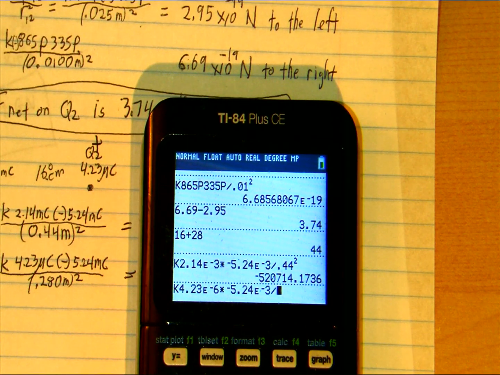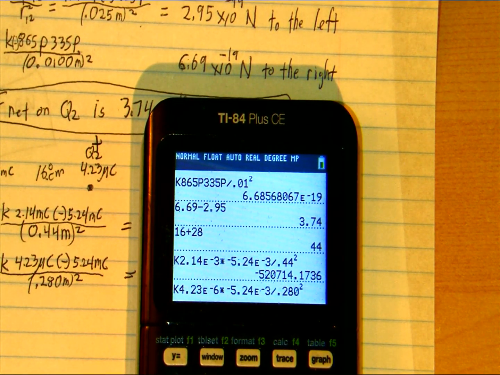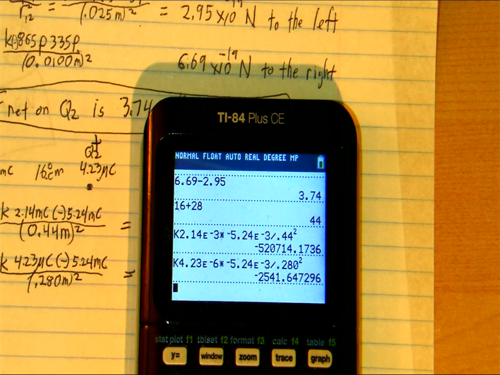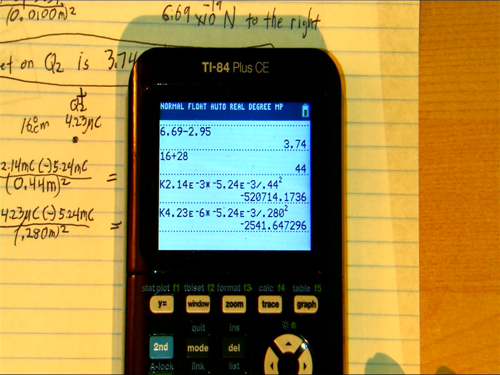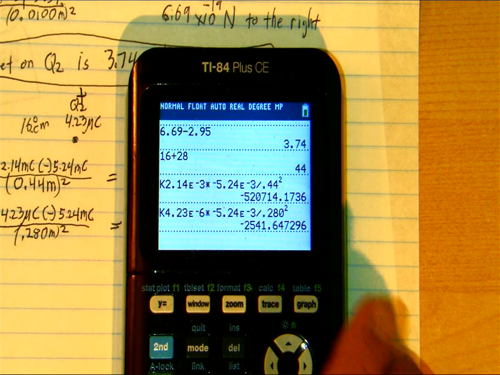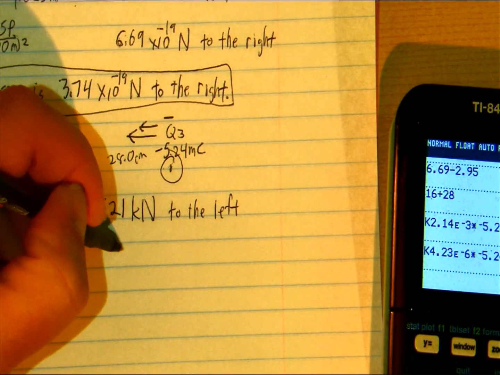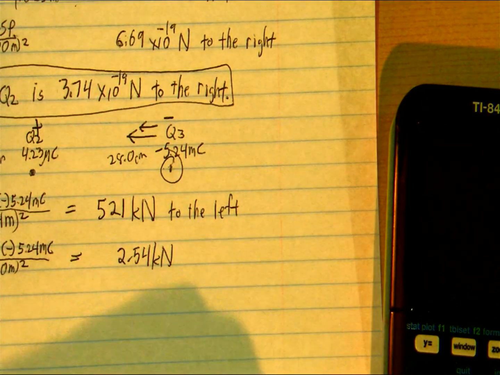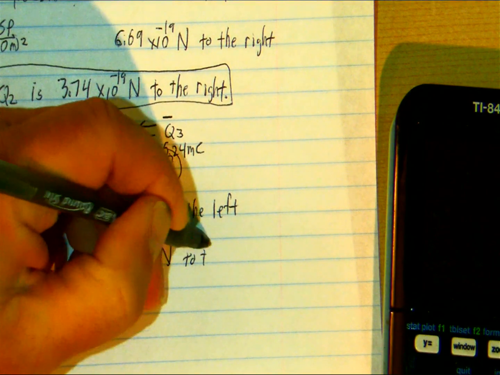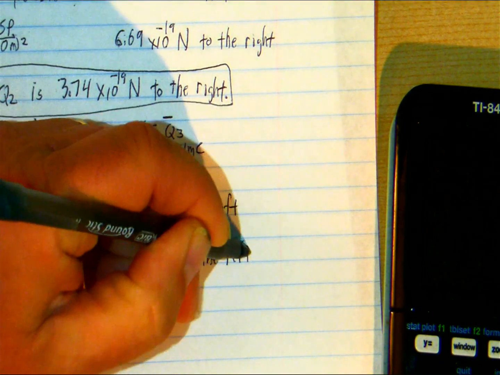Divide by 0.28 squared. I get an attractive force of 2.54 kilonewtons. So 2.54 kilonewtons also to the left.